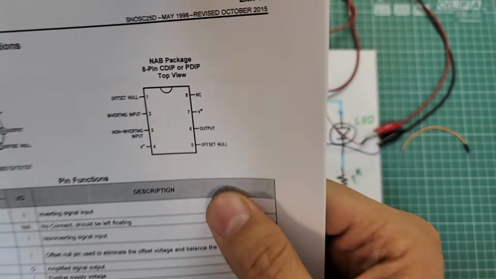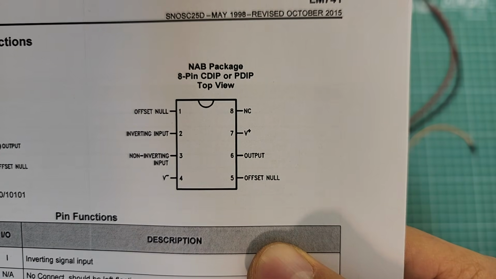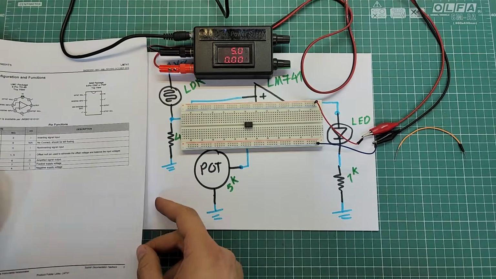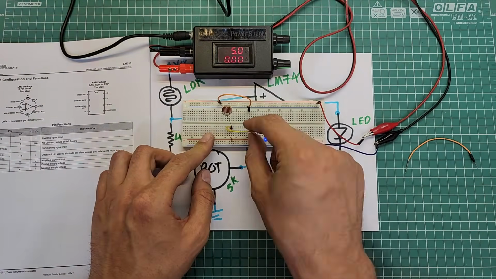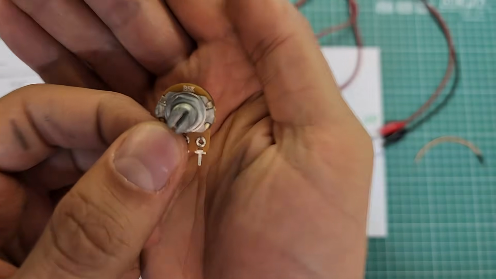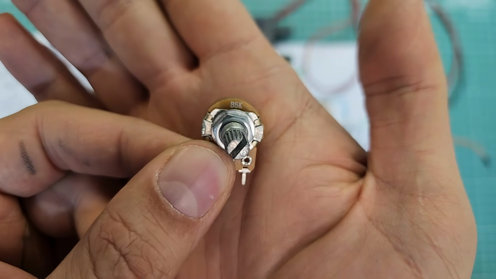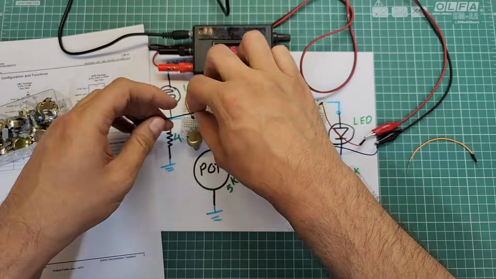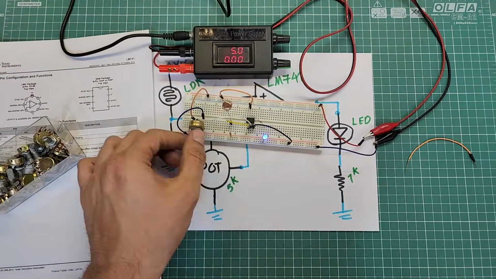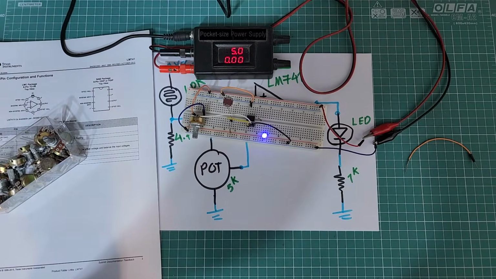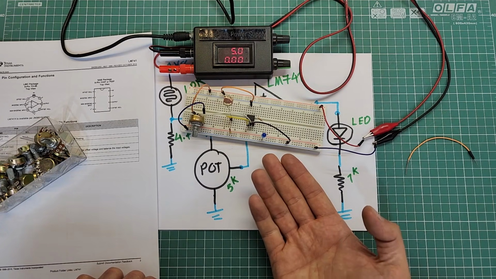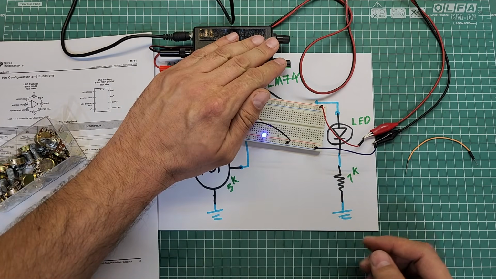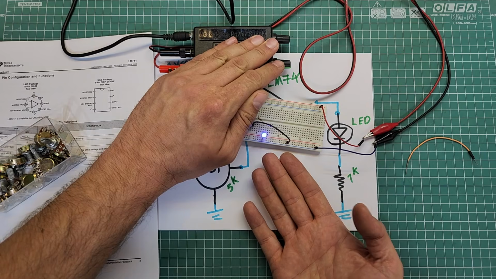Look here. When the light is on, the LED is off, but when I cover the sensor, you see the LED turns on.